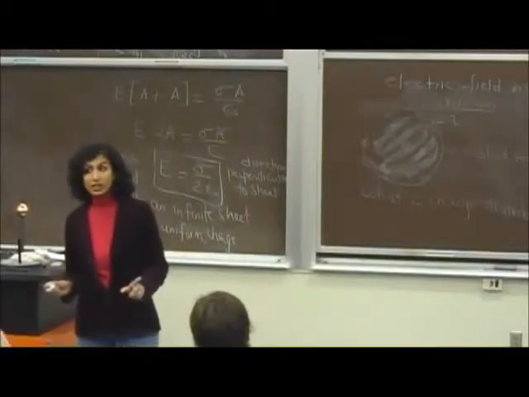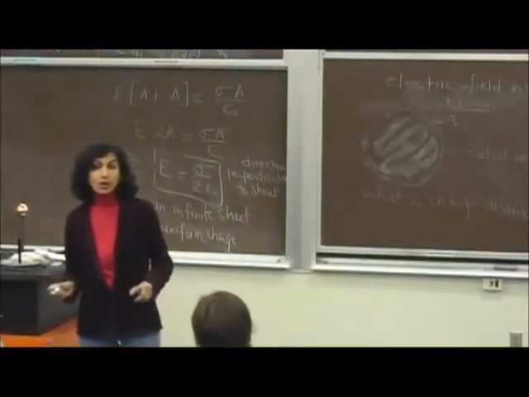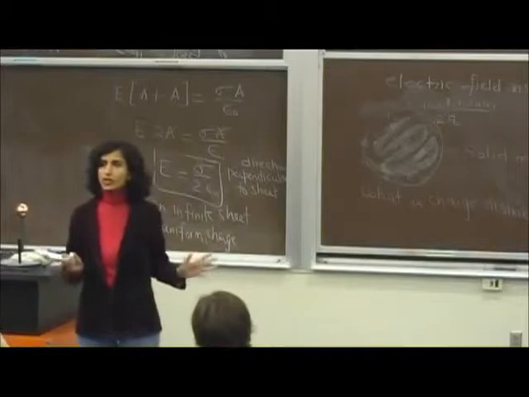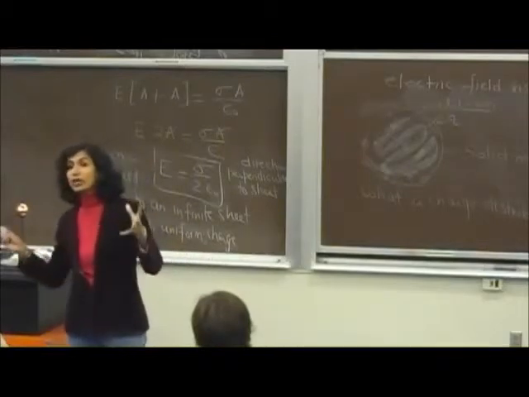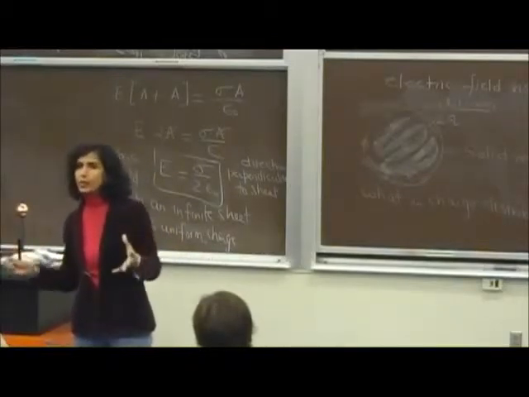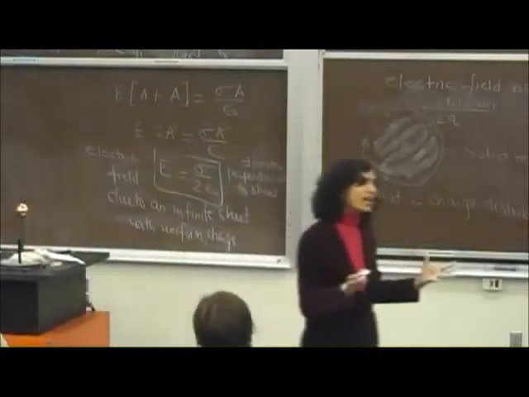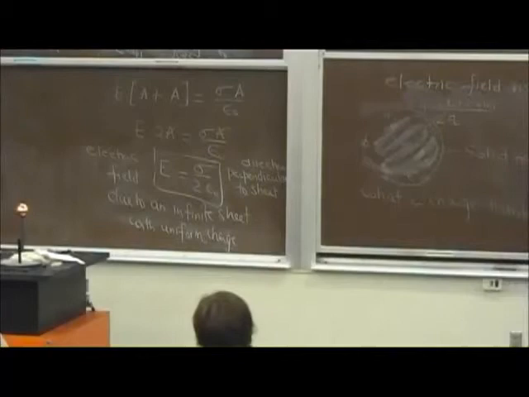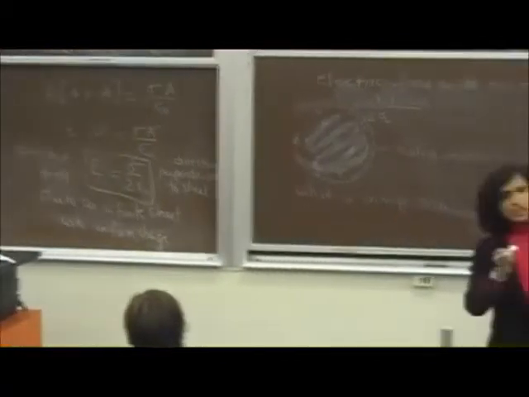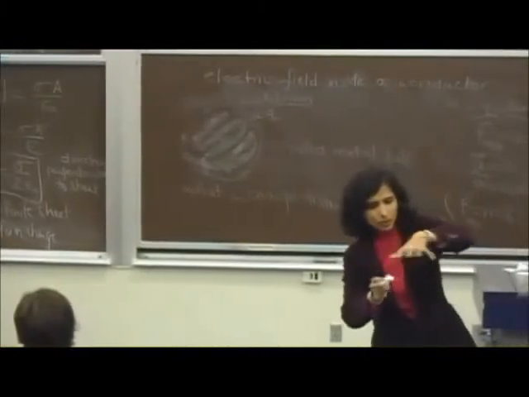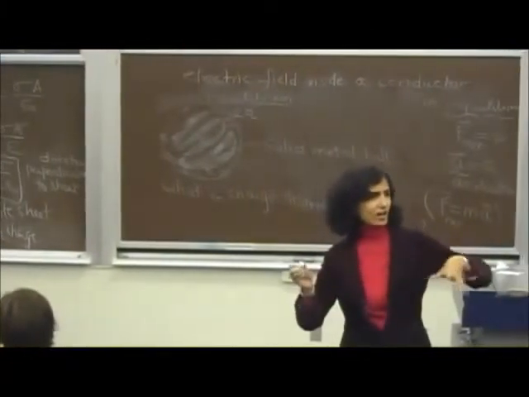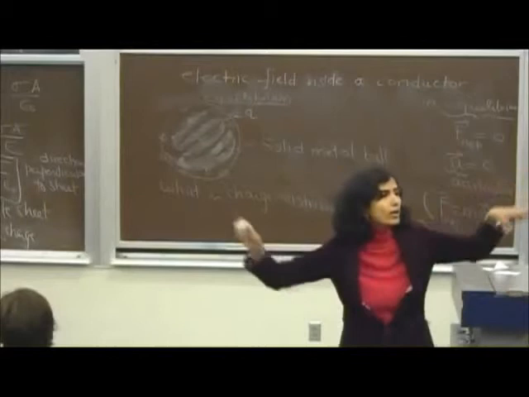Now there is a lot of catch here, because I could ask you, why is it that the charges are distributing themselves only on the outer surface of the conductor? It's true that these positive charges repel each other, but why is it that they don't uniformly distribute themselves as far away as possible in the whole sphere?